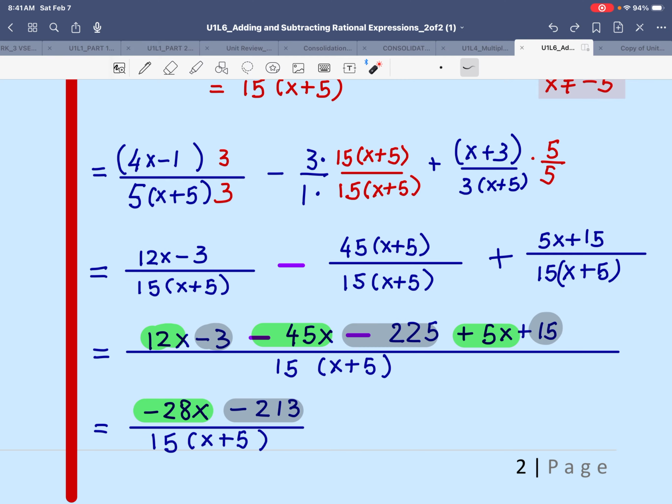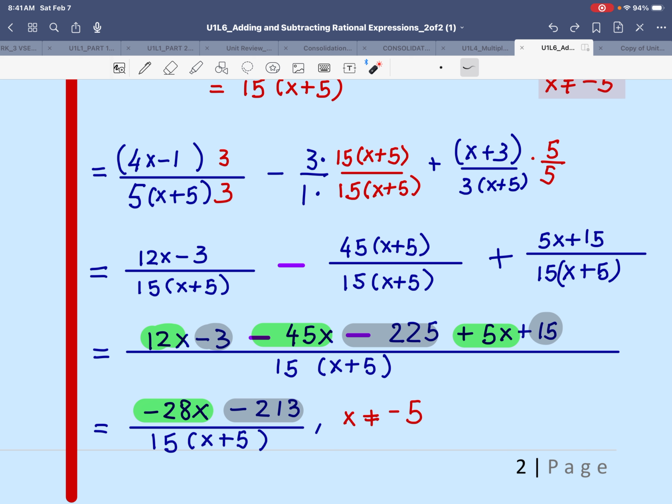Now, if you look at negative 28 and negative 213, they do not have any common factors, but traditionally, whenever we have the first term, which is also called the leading term in an expression, with a negative coefficient, we take that negative sign out.